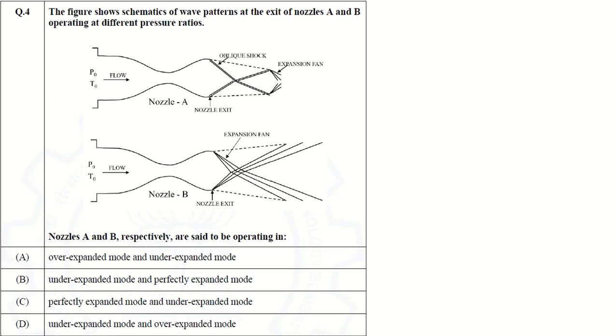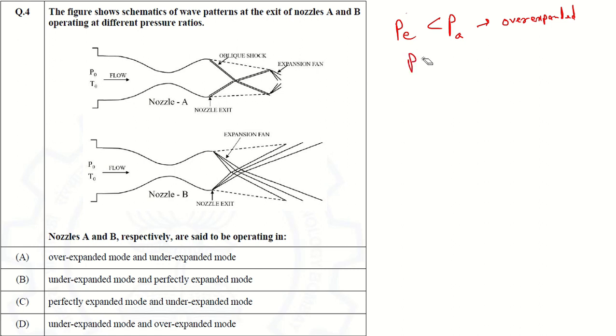So for the overexpanded nozzle, exit pressure is less than the ambient pressure. This is the condition of overexpanded.